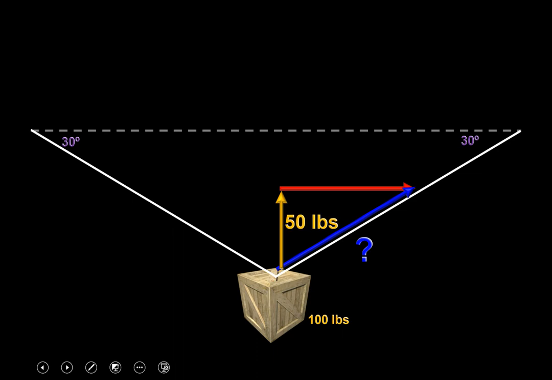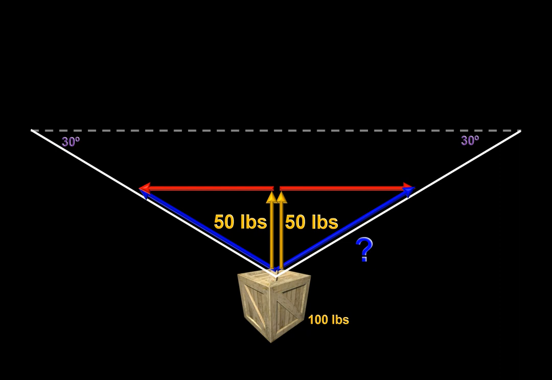That yellow force should be 50. Again, we have 2 strings, so 1 string is handling 50 going up, the other string is handling 50 going up. We're only dealing with 1 string now, so we just take half of the force. So if it's 100 going down, half of that would be 50 going up. Kind of visualize it: 100 going down, 2 50s going up.